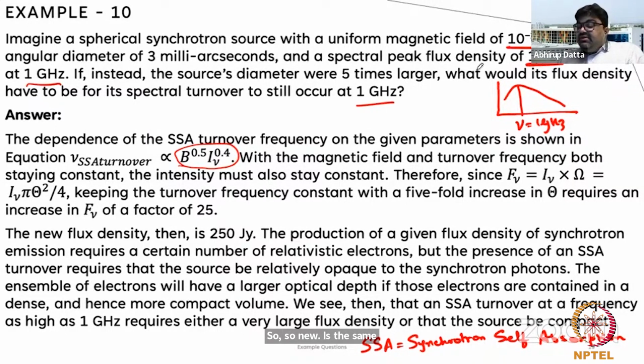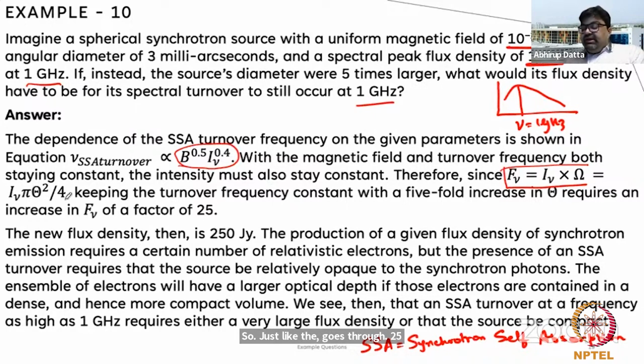You have the flux density F nu given as I nu times omega, the solid angle, which is nothing but I nu pi theta squared over 4. So for the new source, it is 5 times larger in diameter. So this 5 theta goes to 25 theta squared.